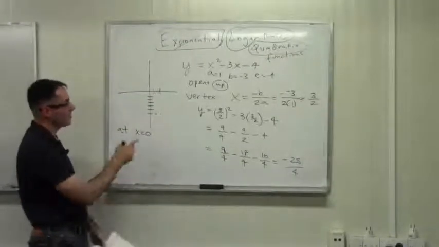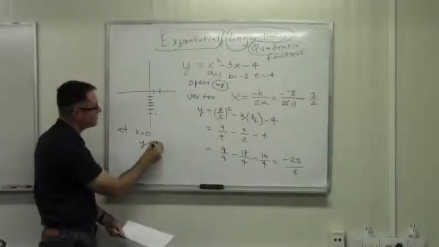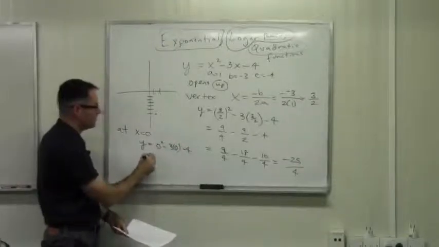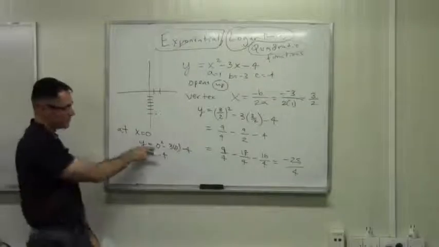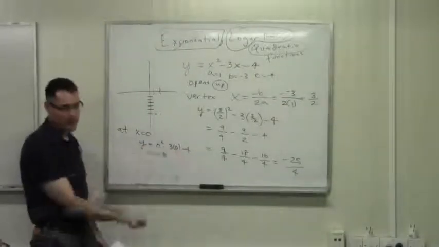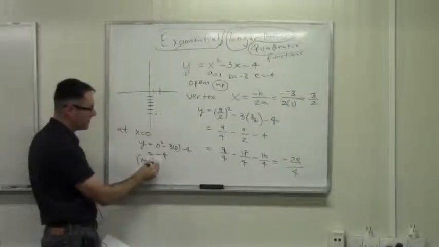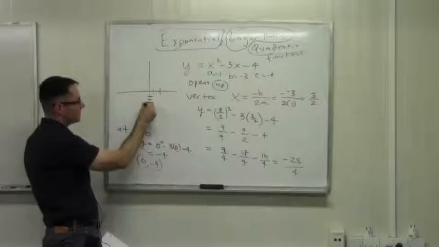At x equals 0, let's do this. y equals 0 squared minus 3 times 0 minus 4. Negative 4 is the answer. That 0 becomes 0, that's 0, and that's negative 4. So at the point (0, negative 4), 0, 1, 2, 3, 4, is where it hits the axis.